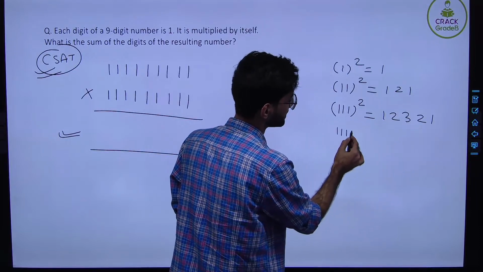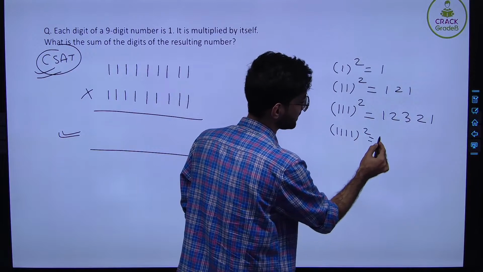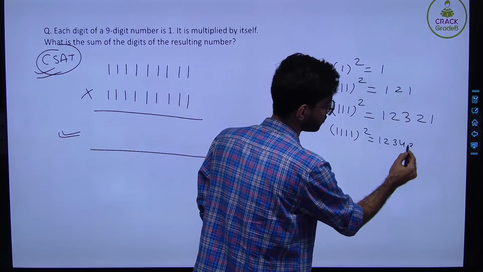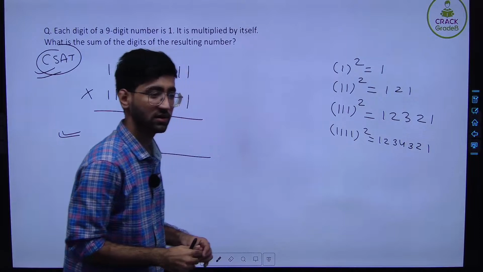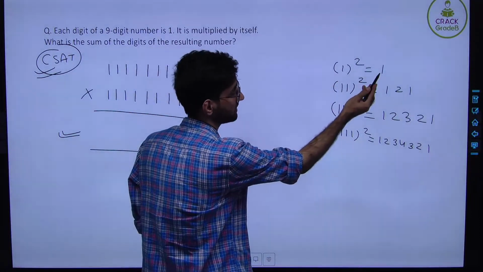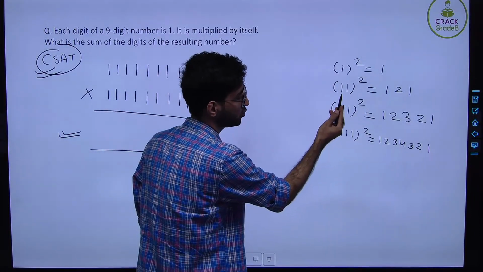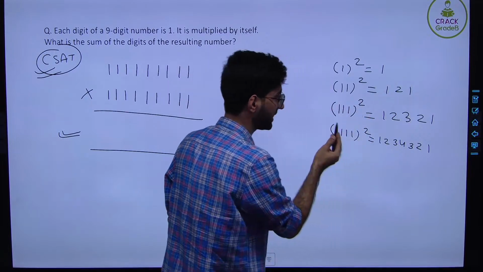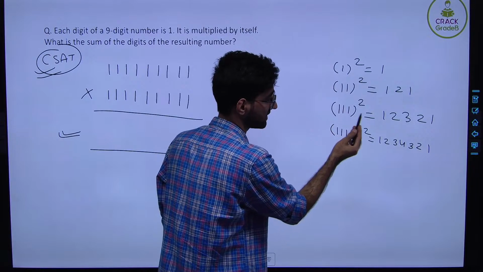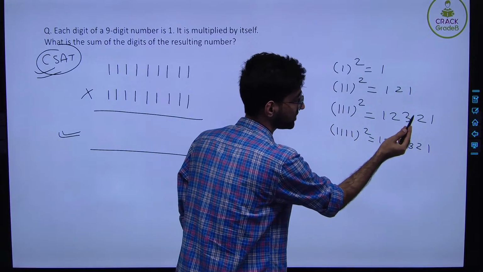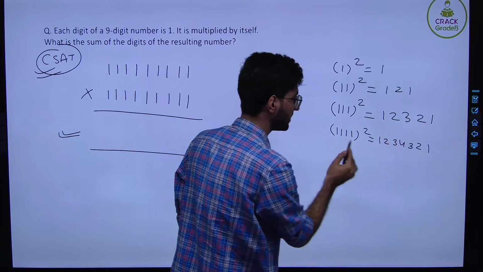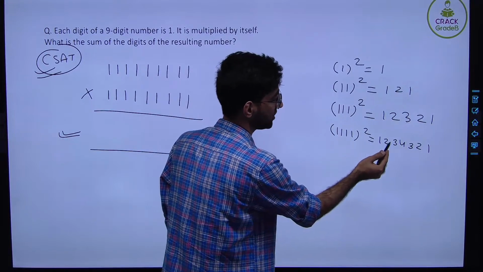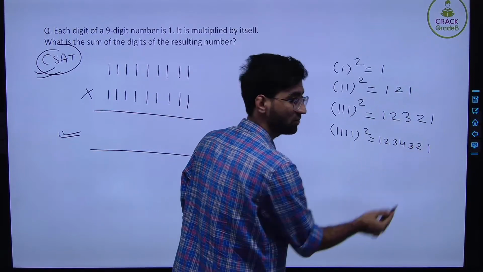Are you able to notice some pattern? It is 1 2 3 4 3 2 1. See, there is one 1, so obviously 1. There are two 1s, so 1 2 then 1, right? There are three 1s, so 1 2 3, then 2 1. There are four 1s, so obviously 1 2 3 4 3 2 1, right?